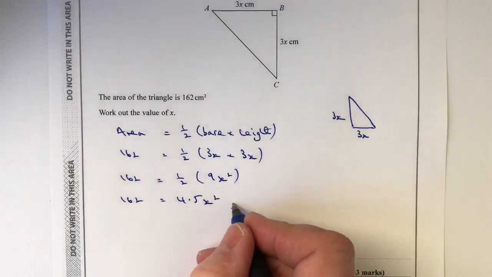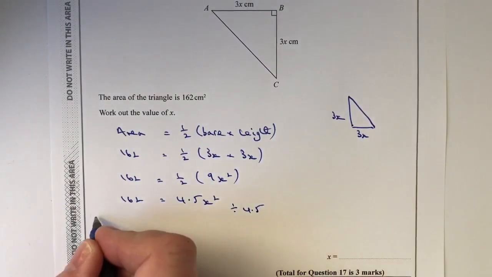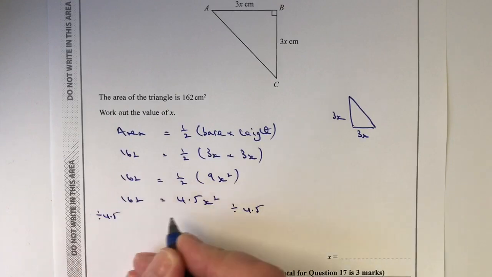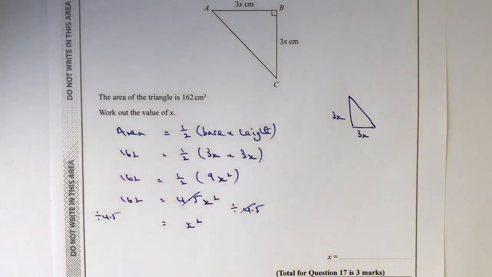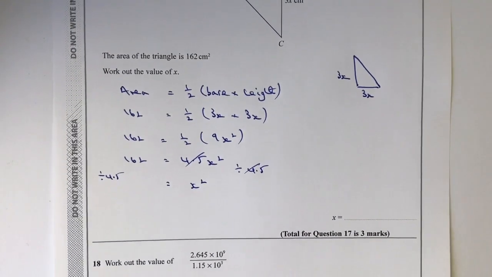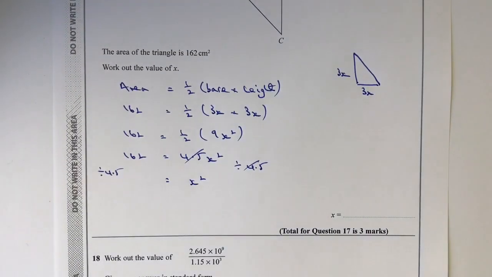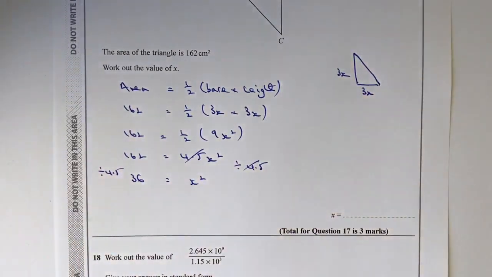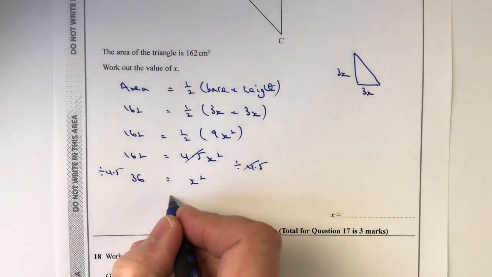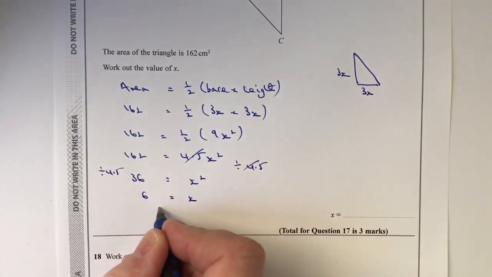On the right hand side it cancels out and I'm left with x squared. Very neatly on the left hand side I get 36. Well, 36 is a square number, so I can square root that on my calculator and I get x equals 6.